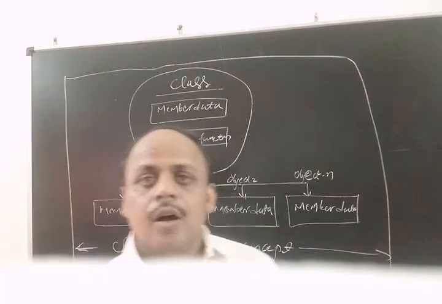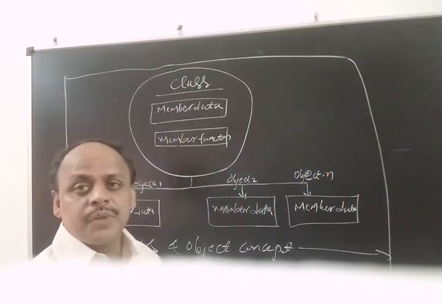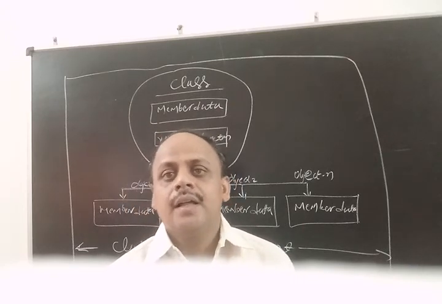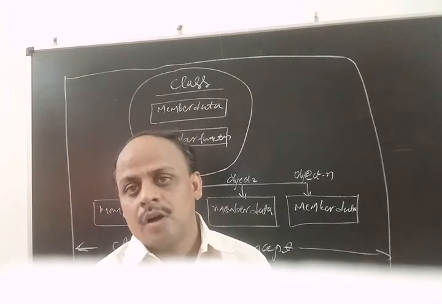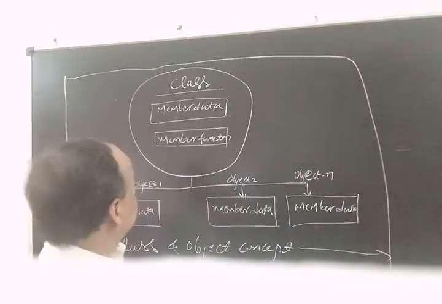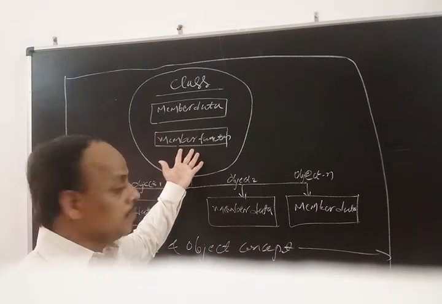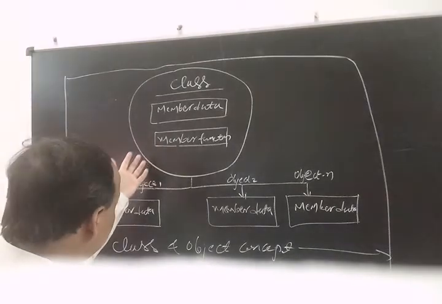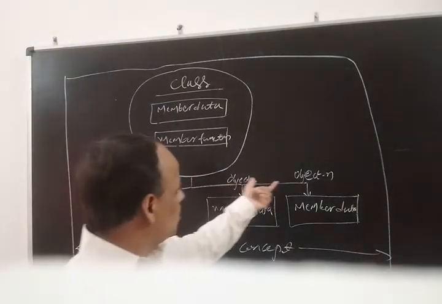See here, a class is nothing but a collection of member data and member functions with several objects. Suppose the class contains member data and member functions and also has object 1, and so on, object n.